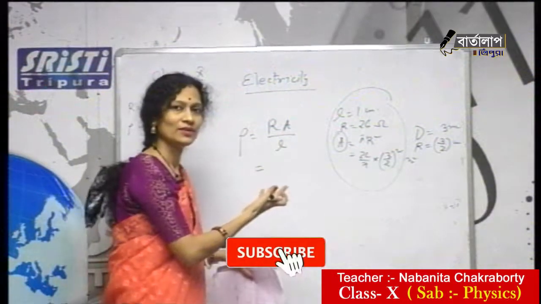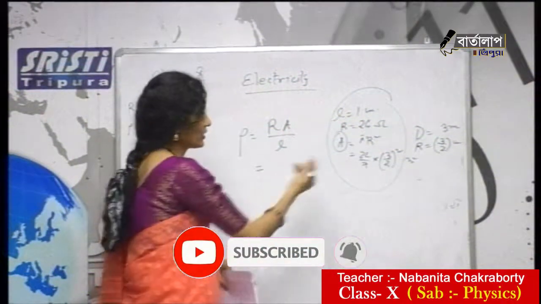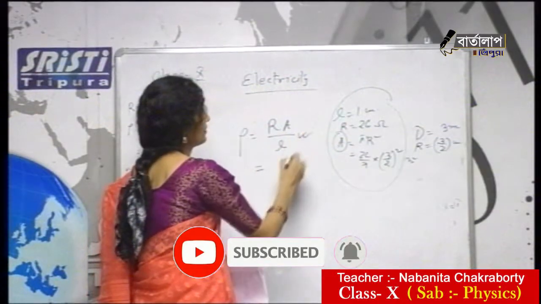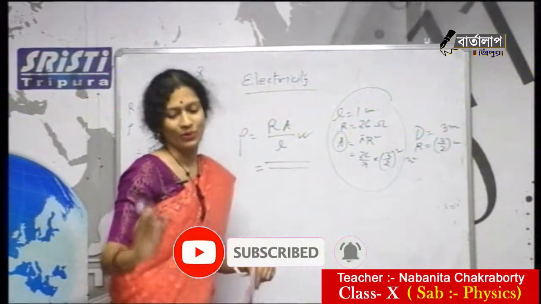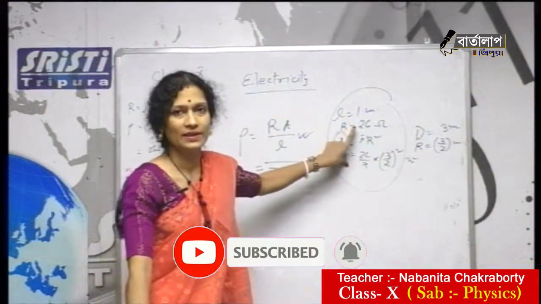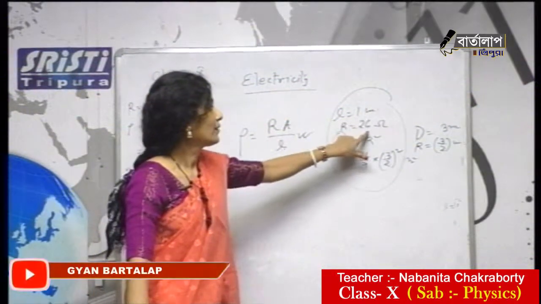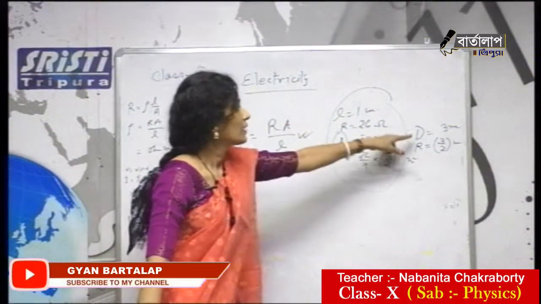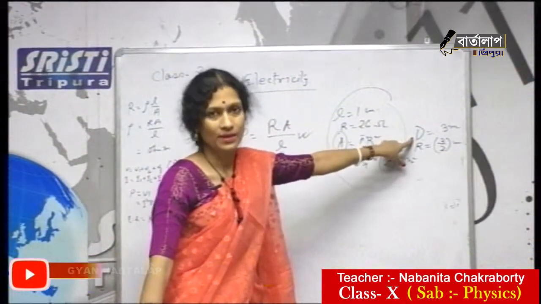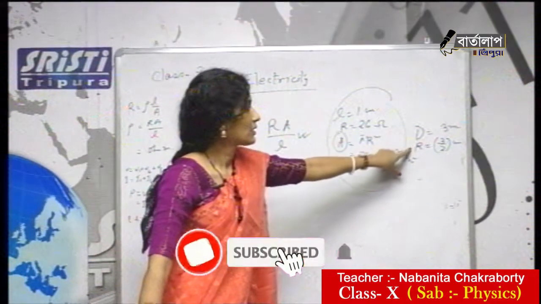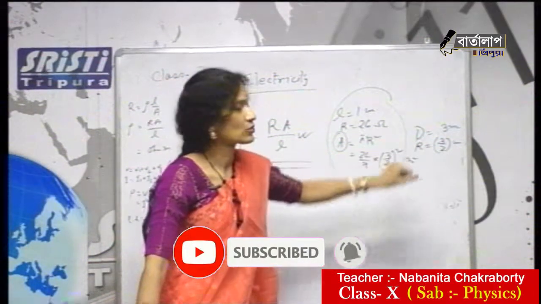Now put the values. It is very simple. You put the values and do the numerical in your homework copy. Everything I have given here: R, and A is pi r square. The diameter is given as 3 meter. From that diameter you find the radius, R equals 3 by 2.